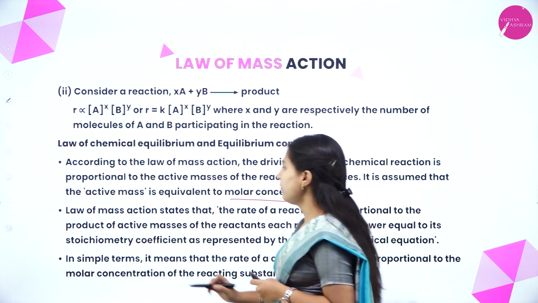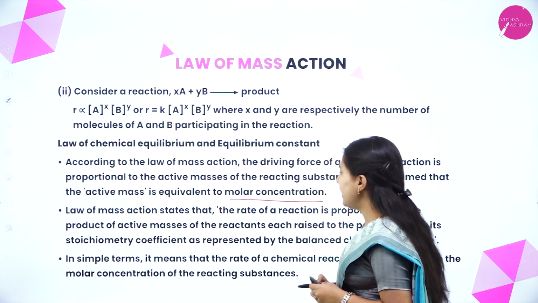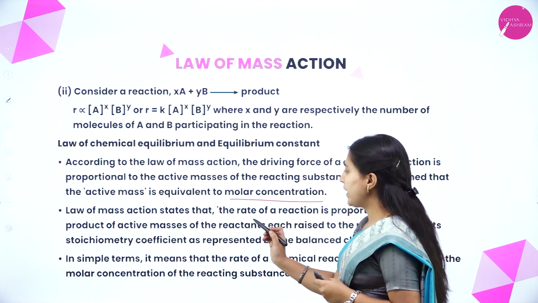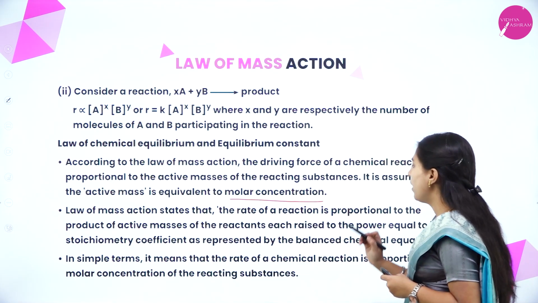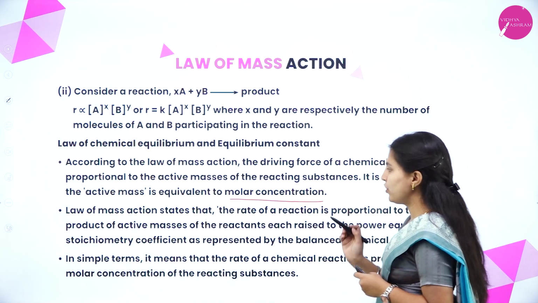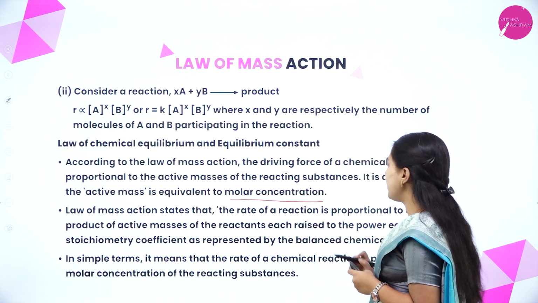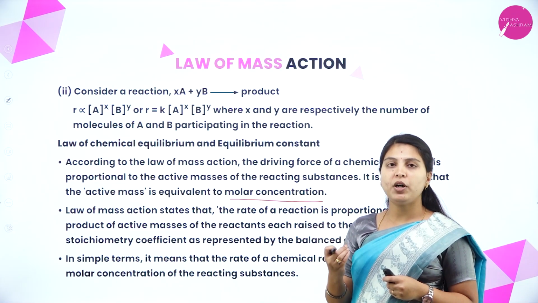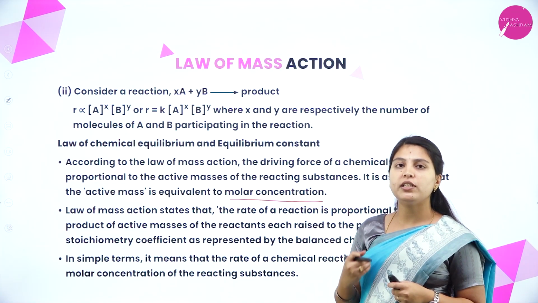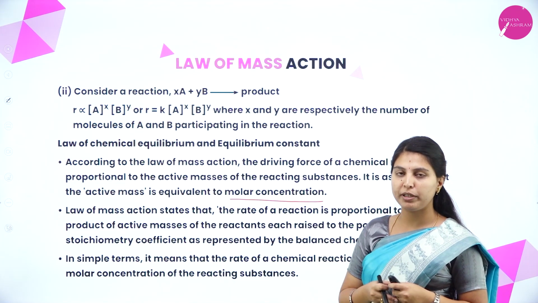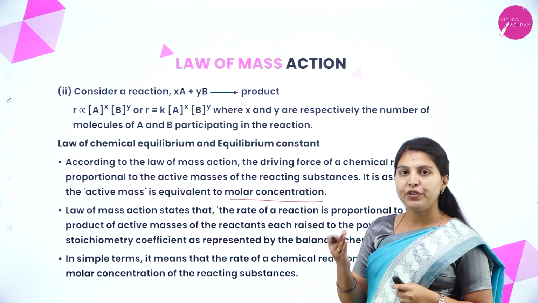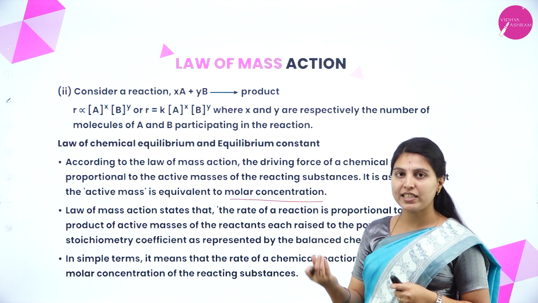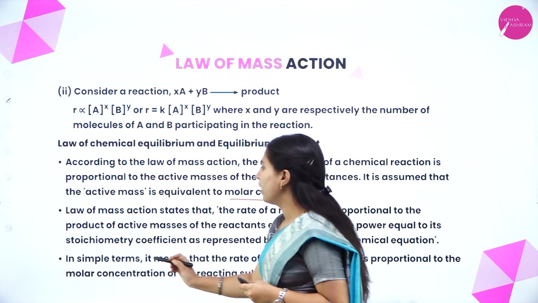Okay. Law of mass action states that the rate of a reaction is proportional to the product of active masses of the reactants, each raised to the power equal to its stoichiometric coefficient as represented by the balanced chemical equation. At the power, what we have written? The number of molecules. If the number of molecules increases in the stoichiometric equation, obviously we have to increase on the product side also, because we will get more product.